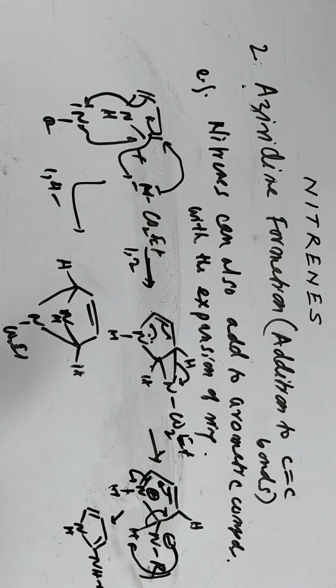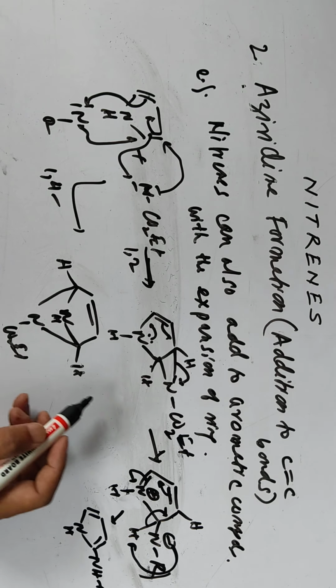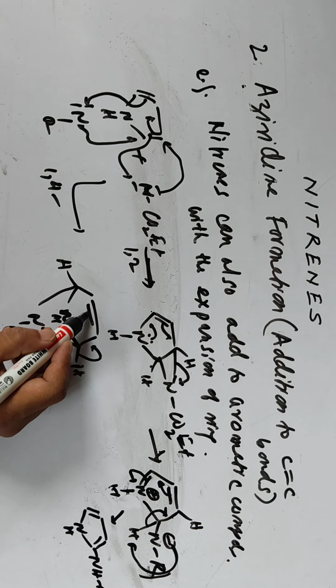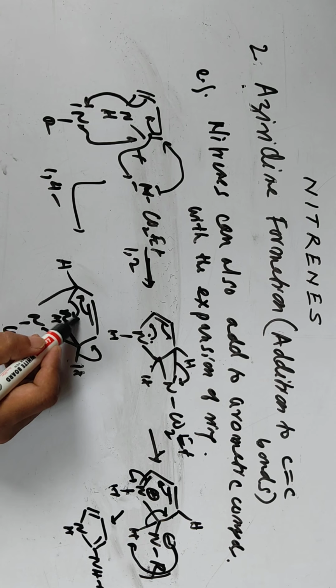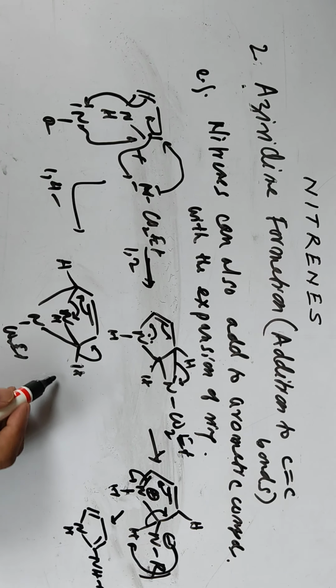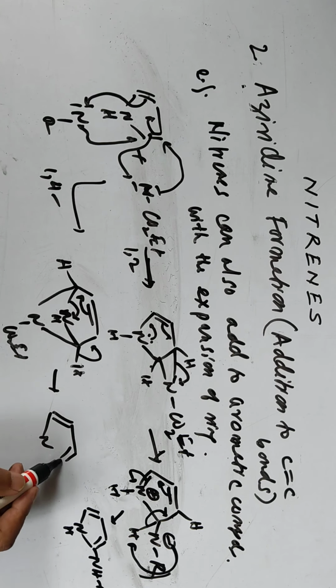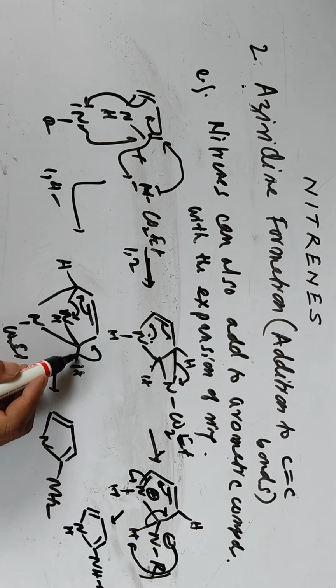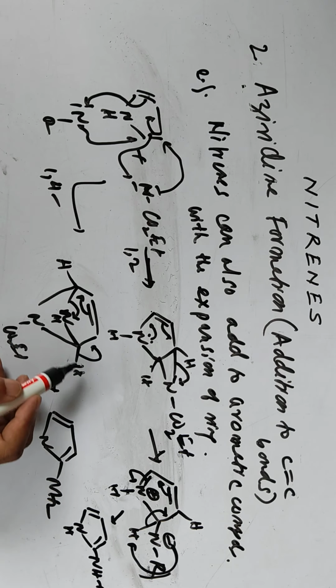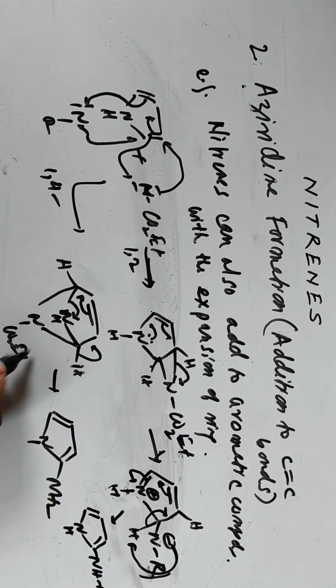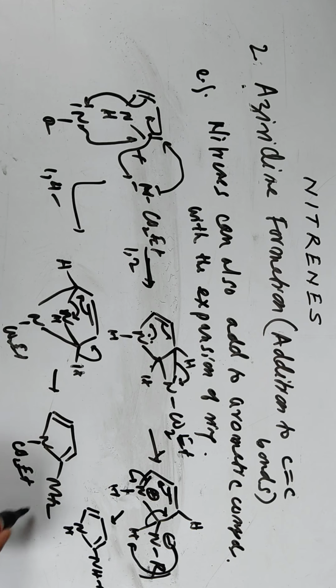In the case of the second addition, you get a different product. Here the hydrogen is transferred to the nitrogen, so the product will be different: NH2 here, and the hydrogen is transferred to here, and this CO2Et will be intact. So we have different types of products, where one is NH and one is NCO2Et.